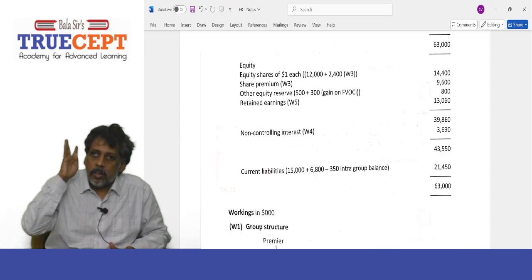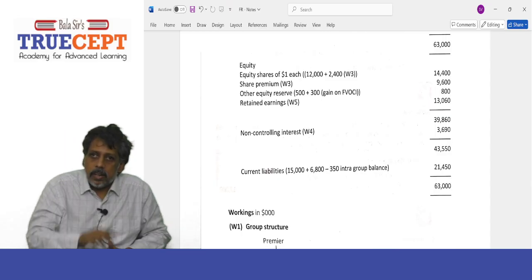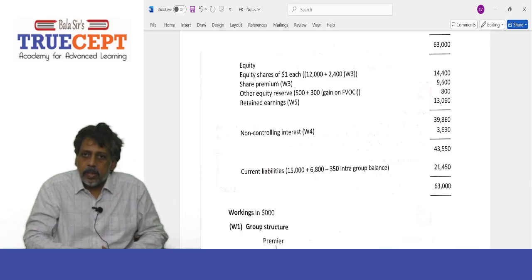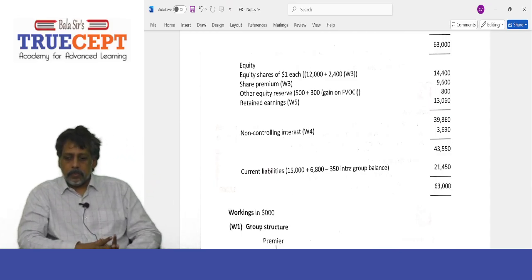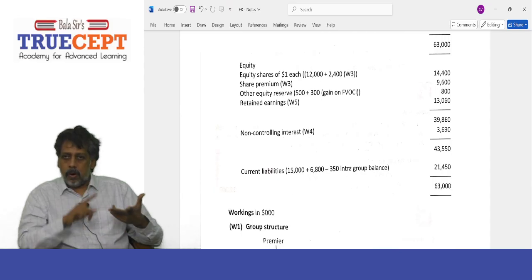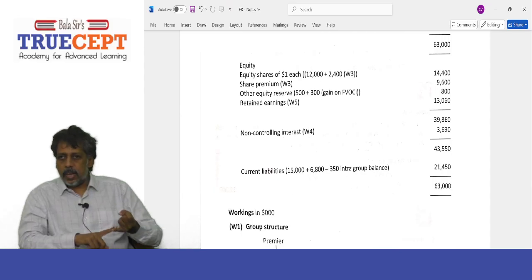What about the $4 extra? Premium. Exactly, I'll go to securities premium. So equity share is 12,000 plus 2,400, 14,400, in thousands, into $1 share. Then share premium 9,600, which is nothing but 2,400 shares into $4.